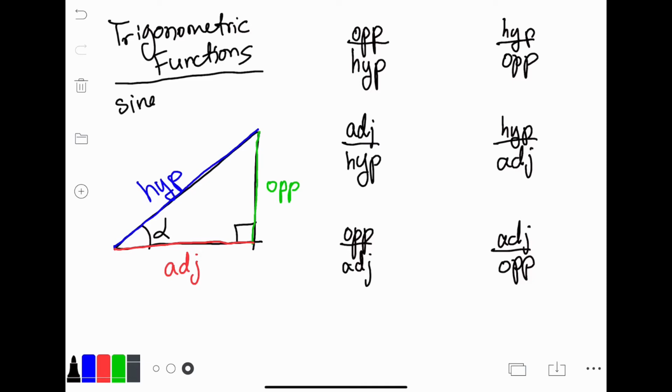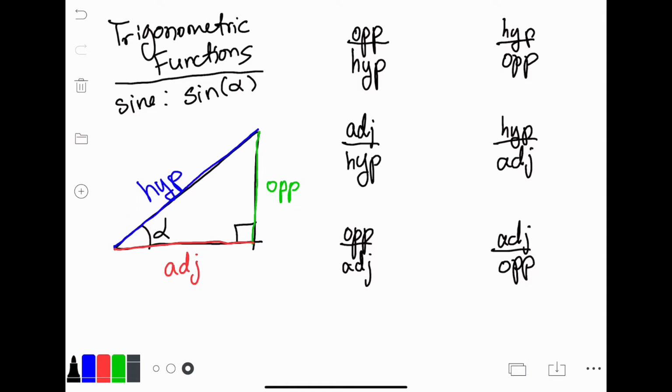It's spelled sine, but the function you really write as sin, like that. But where do you put the input? So technically, this is a function where you say sine of the angle.